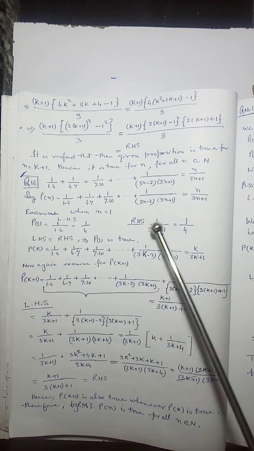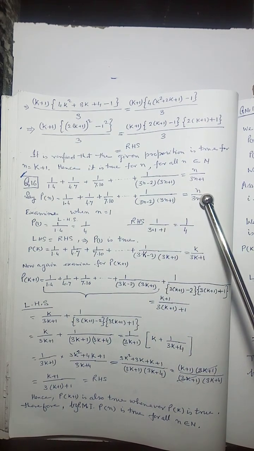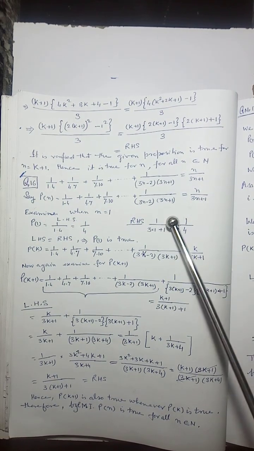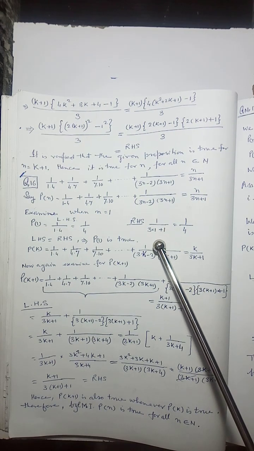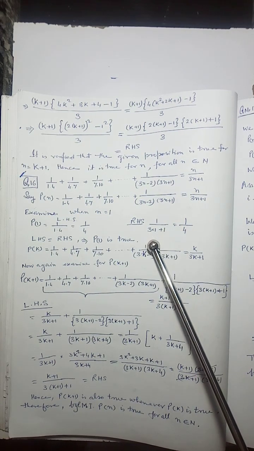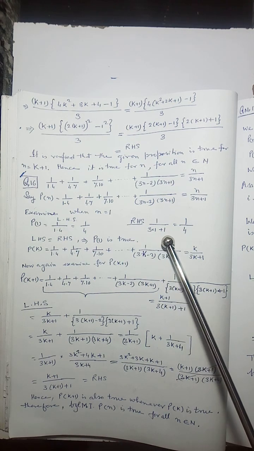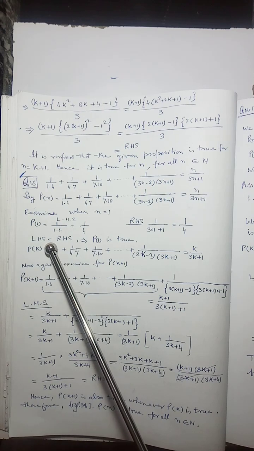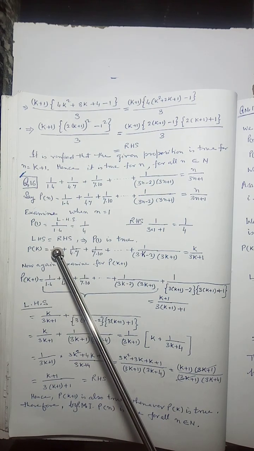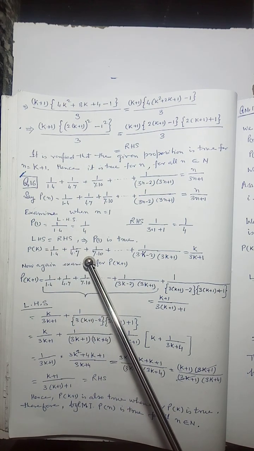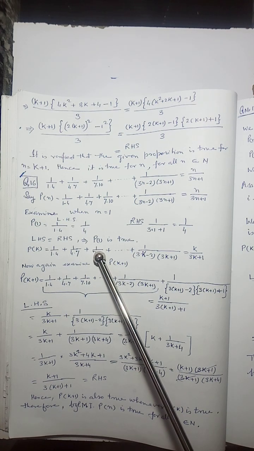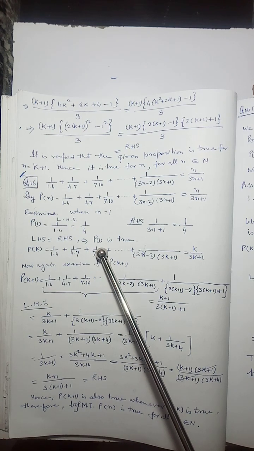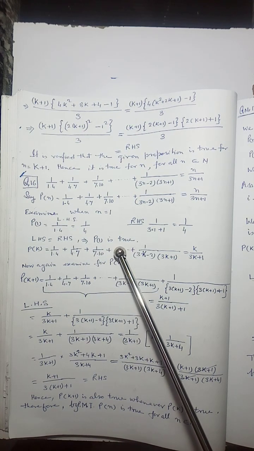Now in the right hand side, n upon 3n plus 1, in place of n put n is equal to 1, so 1 upon 3 into 1 plus 1, which is 1 upon 4 again. We see that left hand side is equal to right hand side. It implies that P1 is true.